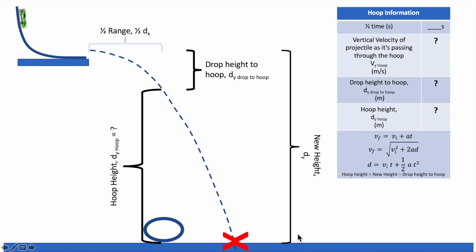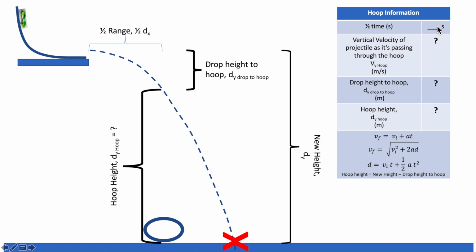Now, because you also know how high the table is from the ground, it's kind of difficult to place the ring based upon here. It's a lot easier to go from the ground on up. So what I want you to do is the hoop height based upon the ground. So all you have to do is just subtract these two values here to give you the height of the ring from the ground.